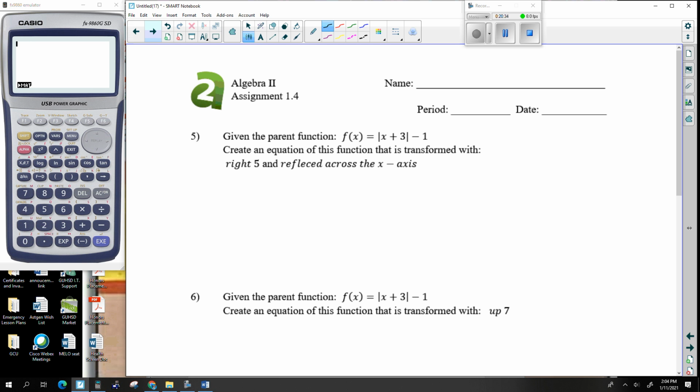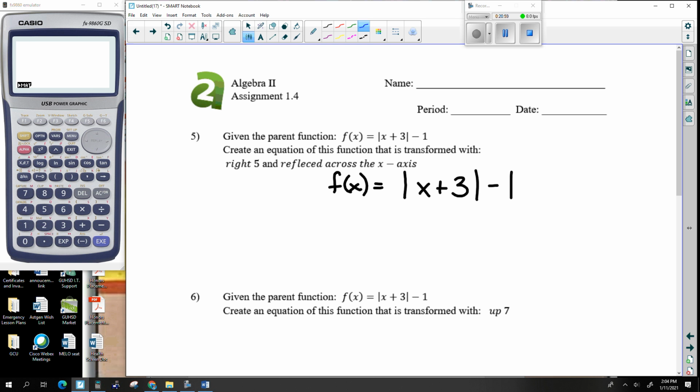Okay, here they give us a starting point, and this is where it could get a little bit confusing. They start us off with that, and they want us to do several different things to this. They want us to move it to the right 5 and then reflect it across the x-axis, or just think of it as a reflection.